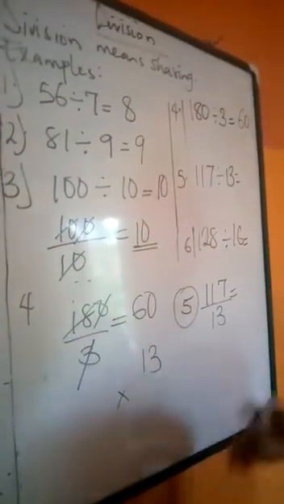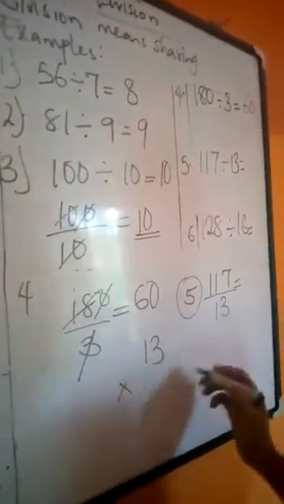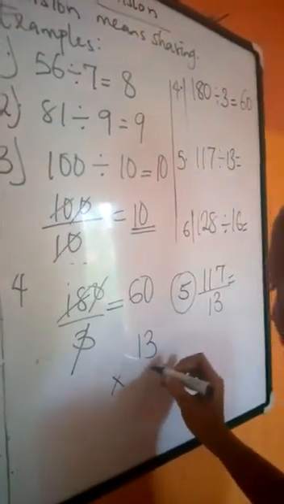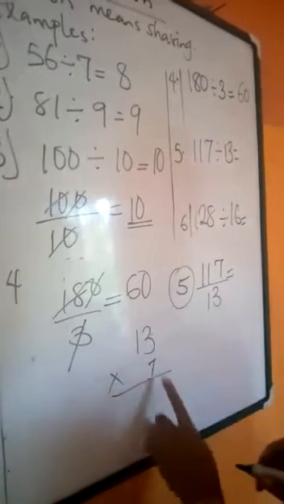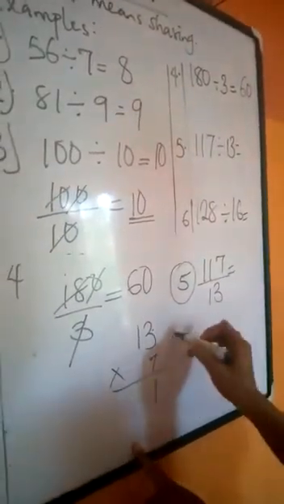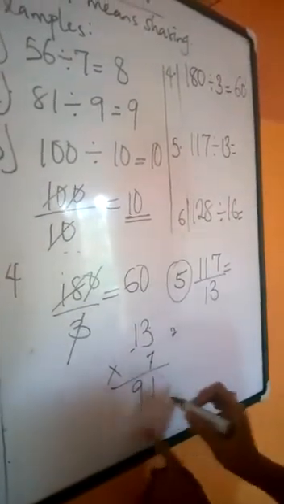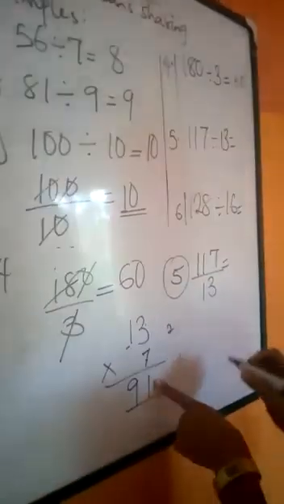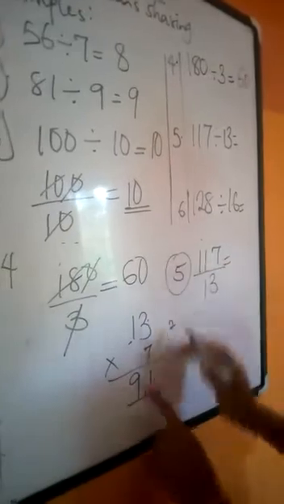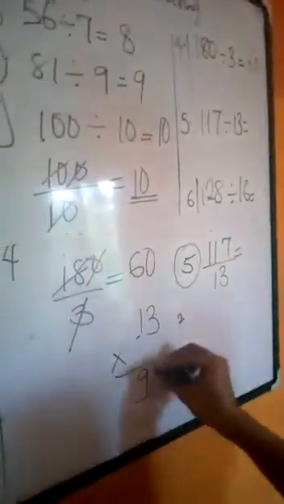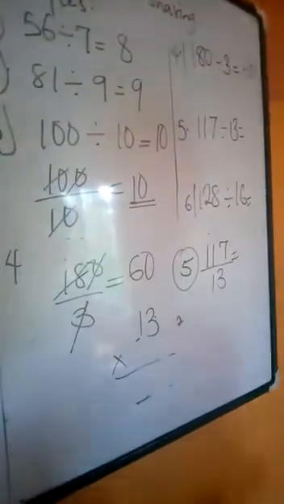So I'm going to introduce a trial method. I'm going to start by trying out numbers 13 times, for example, 7. 7 times 3 is what? 21. Write 1, carry 2. 7 times 1, 7 plus 2, 9. You see now that 91 is far from this figure that we have here. So I will now try multiplying this 13 by another number.